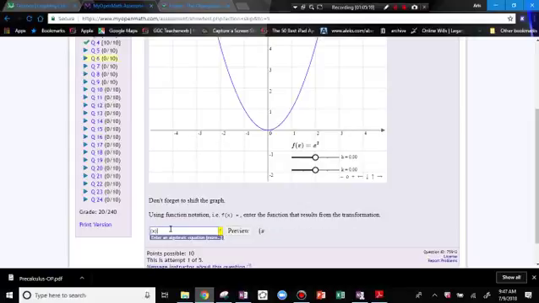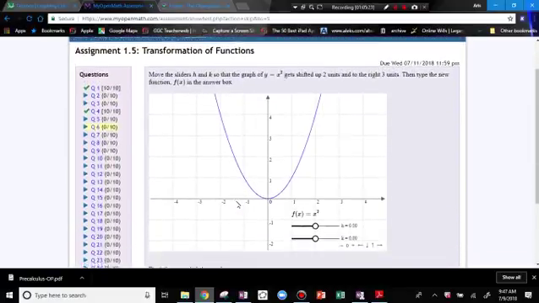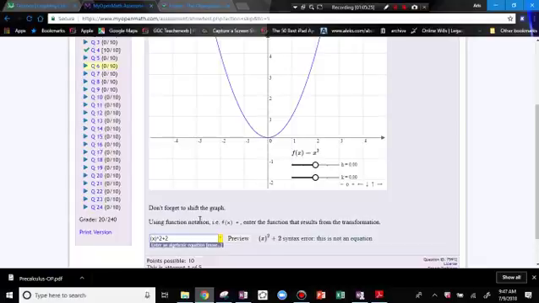Two units up. So the 2's on the outside. Let's make sure. 3 units to the right. X minus 3.